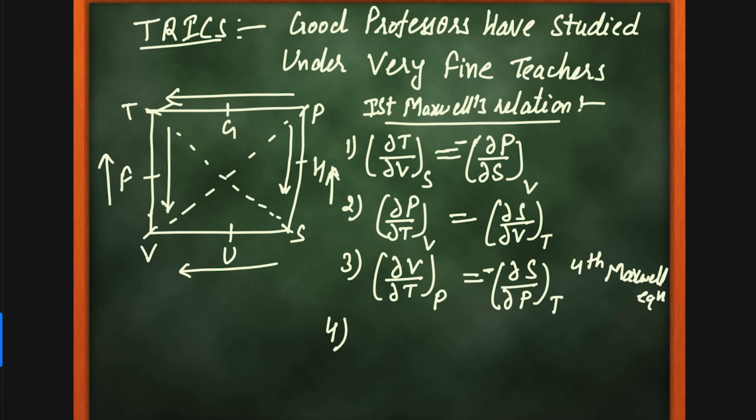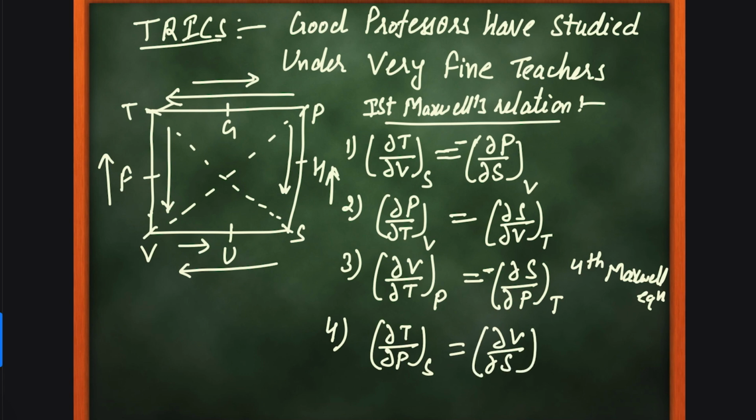The third Maxwell equation we find by reversing: earlier we went from P to T, now from T to P and from V to S. So ∂T/∂P, keeping S constant, is equal to ∂V/∂S, keeping P constant. Again both ∂P and ∂S are involved, so the minus signs on both sides cancel out and this is positive. We take only the minus sign when ∂S and ∂P occur simultaneously, for example in the first relation and similarly in the fourth Maxwell equation.